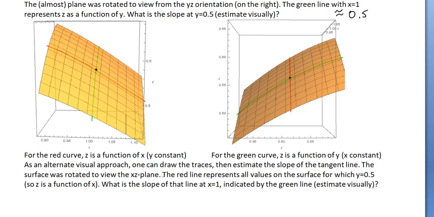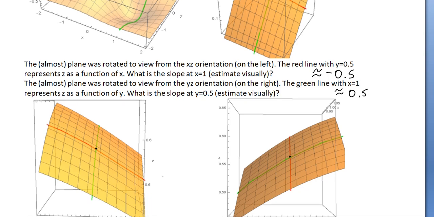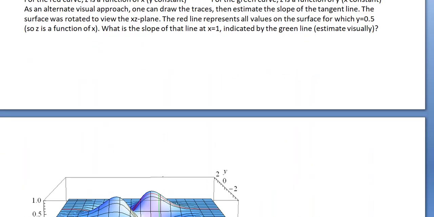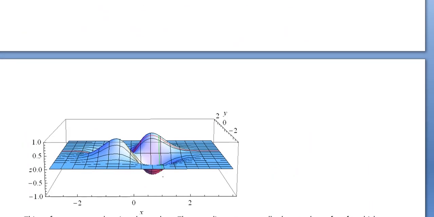Okay. So notice, and I'll just mention that this is the way that I prefer to do it, but another possibility, in this case, we zoomed in to see a plane and then talked about the traces. Another possibility is to draw the traces and then say, well, now that we've got a trace and z is a function of x, imagine zooming in or imagine making the tangent line.